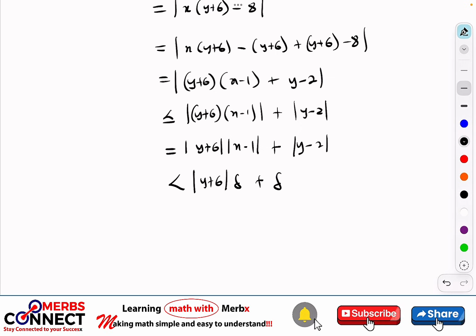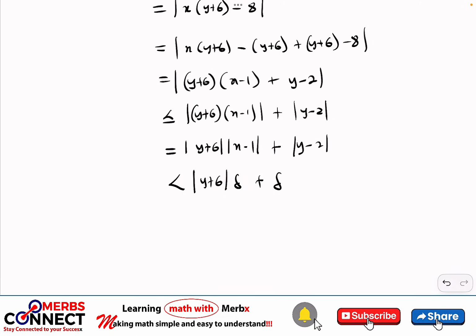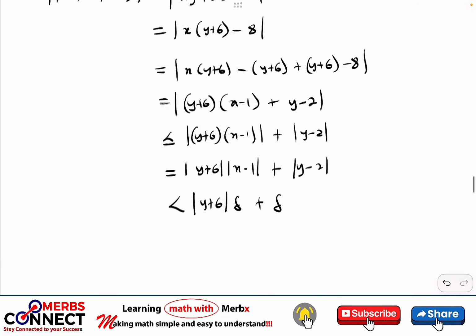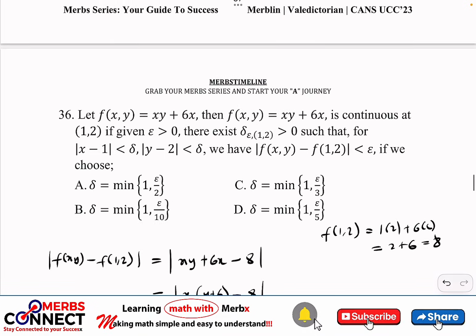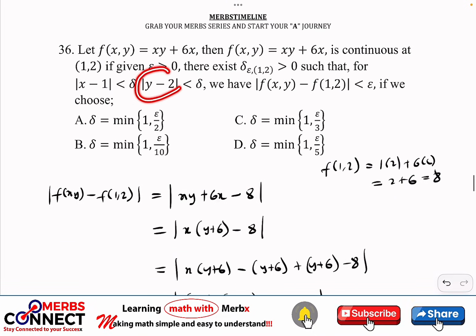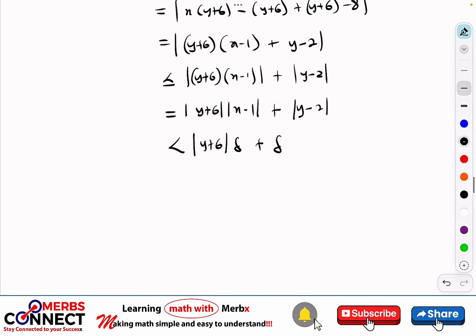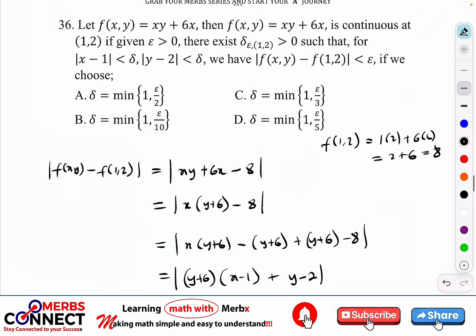Now we need to figure out absolute of y plus 6. We have so many ways of finding this out. I'll give you one strategy that you can use, very nice and simple. Because we want to get this y minus 2, I'm going to write y plus 6 as y minus 2, because I need y minus 2.